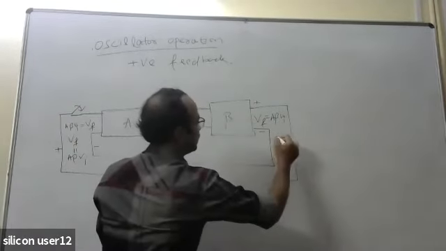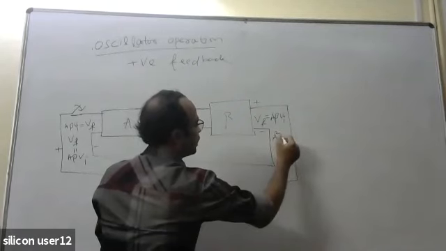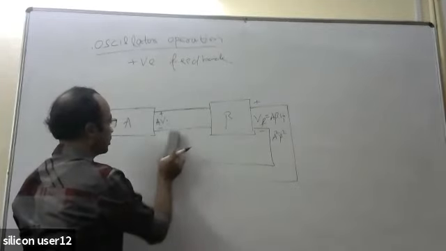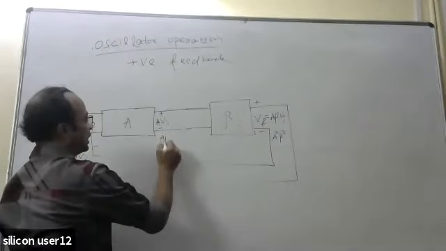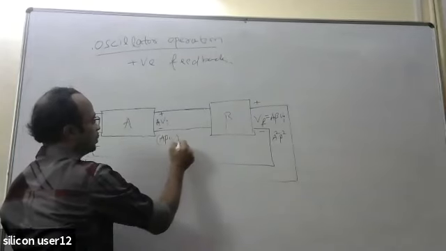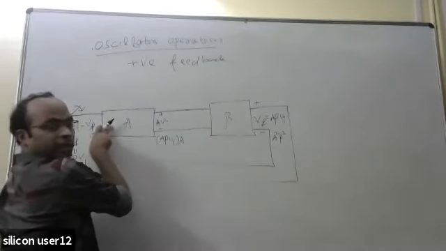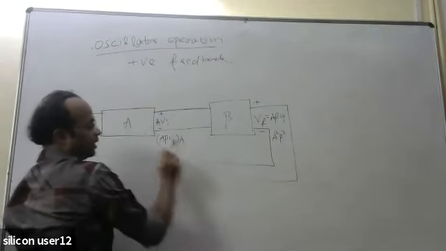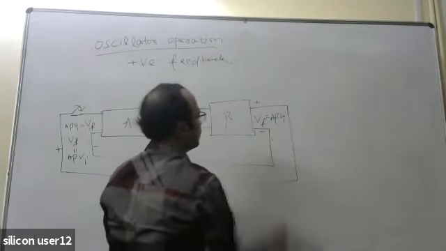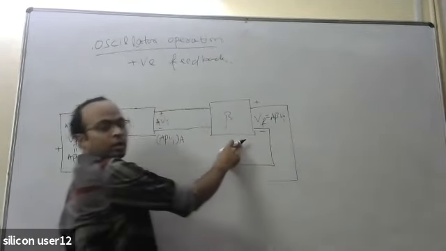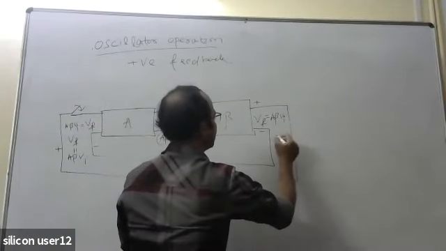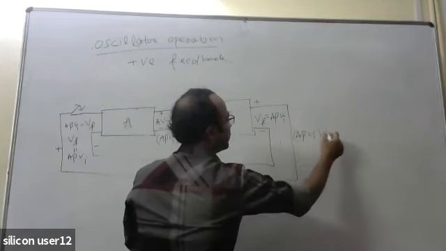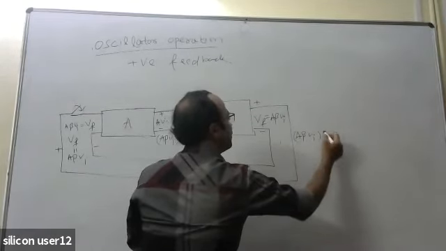Or rather, don't write it in terms of a square, it will be a little more confusing. A beta Vi was there, which was given as the input and multiplied by A, so the output becomes A beta into Vi into A. Now what will come at the output? Beta will be multiplied again. That means here it will be equal to A beta Vi into A into beta.